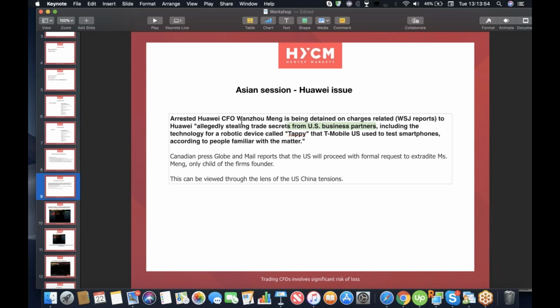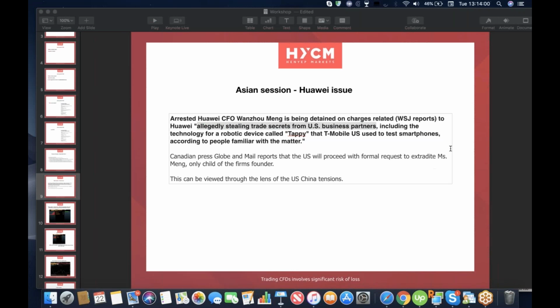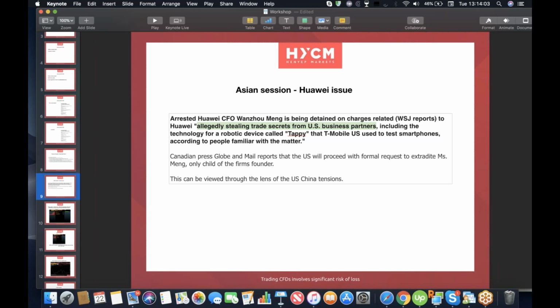Now, this aspect between the US and China trade war is very, very key, and it's all to do with stealing intellectual property. That's one of the big tensions between the US and China, that the US is accusing China of stealing intellectual property.